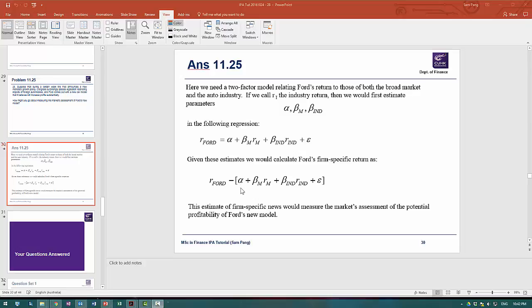However, if the new model really is making Ford an outstanding company and making a major contribution, then it cannot be captured by the market return or even the industry return.